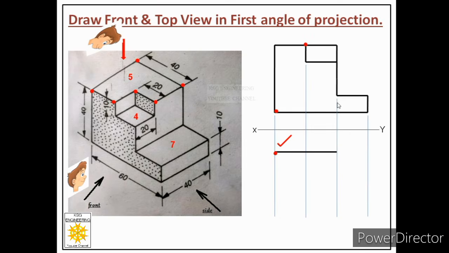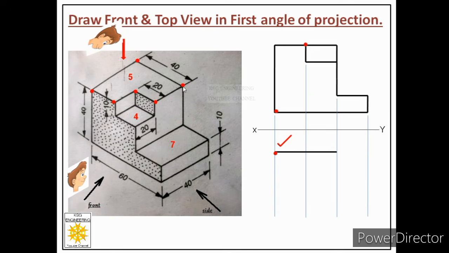Because this projector is coming from this edge, and that edge is actually this one. So you can see this line over here actually consists of these two edges, which are the edges of face number 5. It means this edge is the front view of face 5. I hope this point is clear to you.